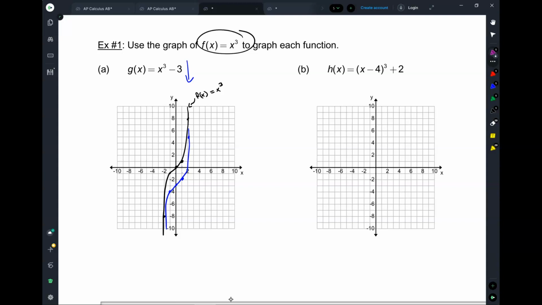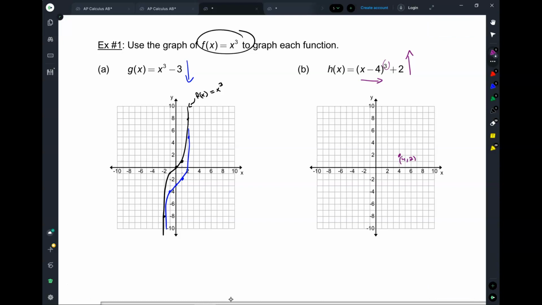Horizontal and vertical: right 4 and up 2. So it's still a cubic function, but now the center has shifted right 4, up 2, right there, 4 comma 2.